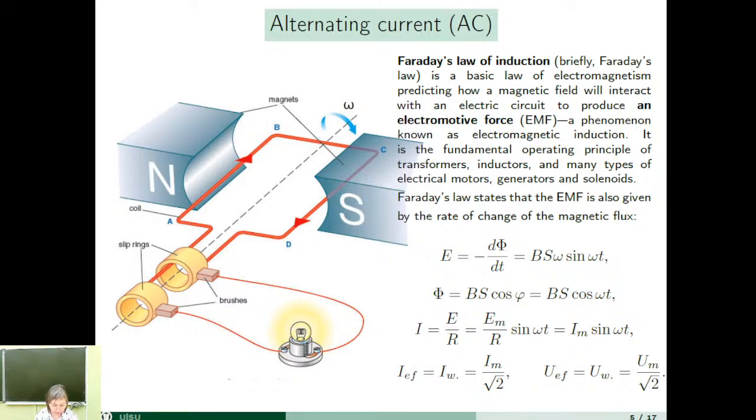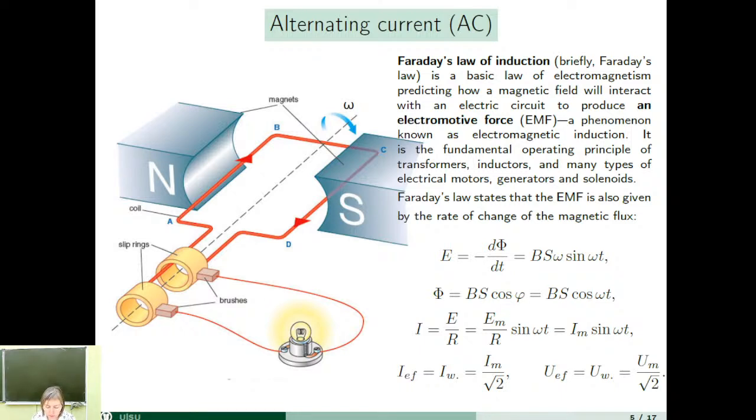Let's consider the physical basis of reception of alternating current and the principle of device of generator. Let in the field of a constant magnet, B is constant, the conducting framework rotate with a constant angular speed omega.